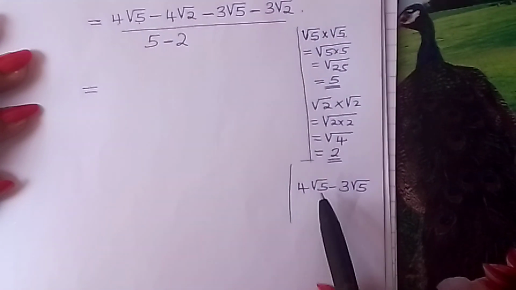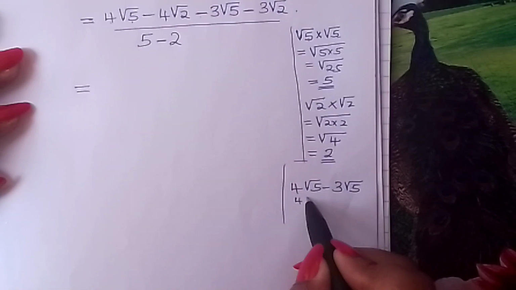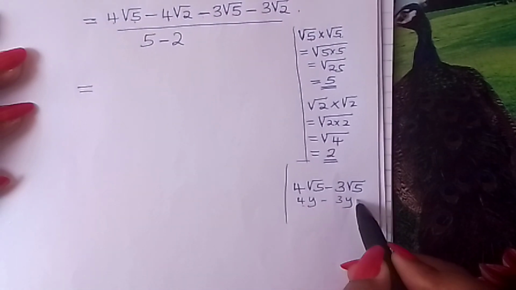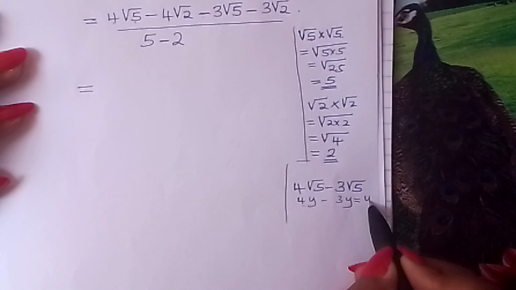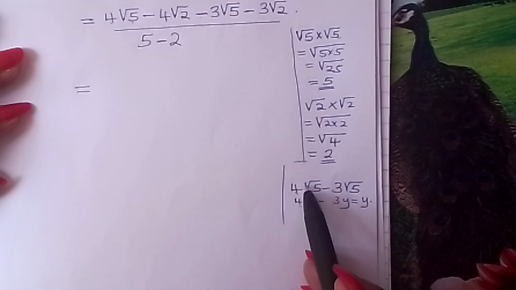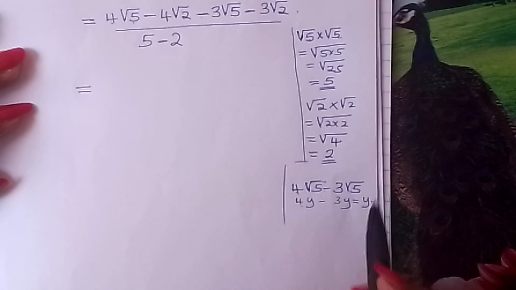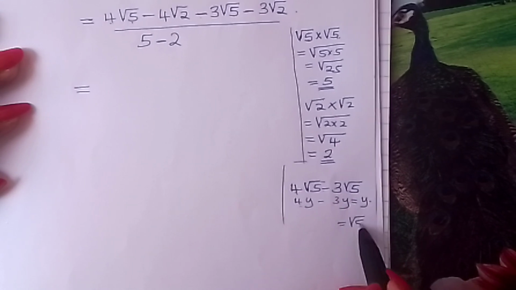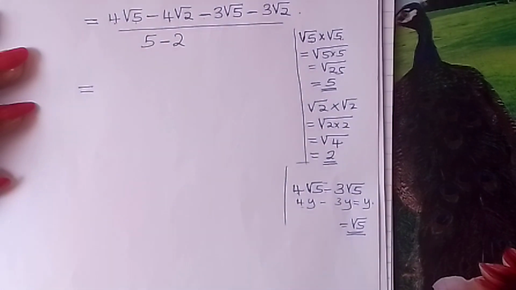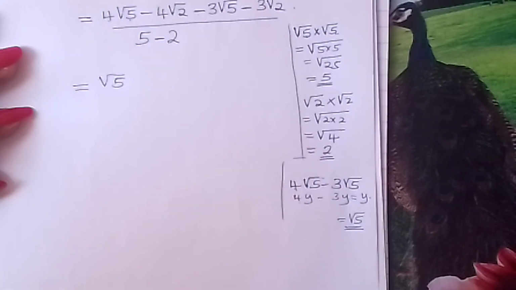We can say this is like talking of 4y minus 3y. So the same case applies to this. 4 root 5 minus 3 root 5 gives us 1 root 5, which is root 5. So there we are left with root 5.